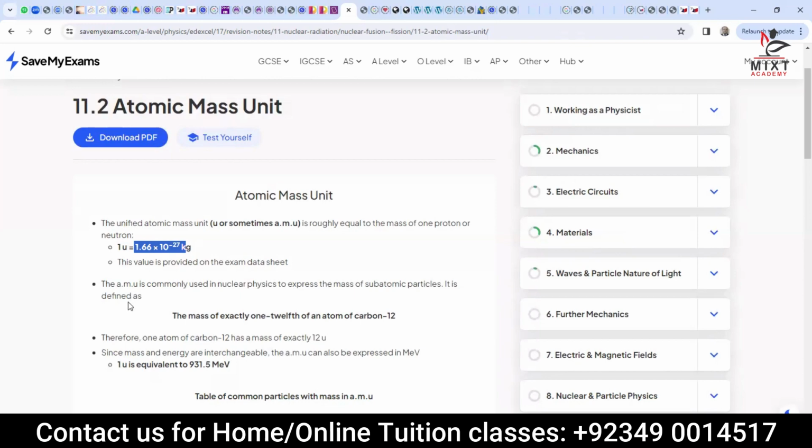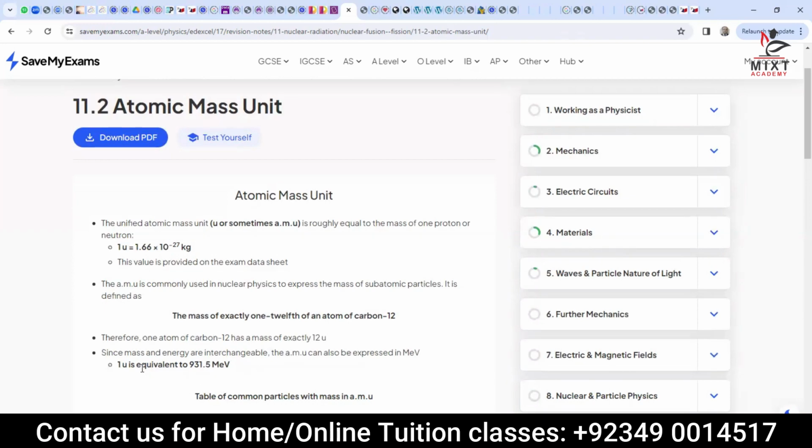But if I ask you a simple question, what is the answer in AMU, you will just place u along with the nucleon number. In case of carbon 12, the mass of exactly carbon 12 is 12u.